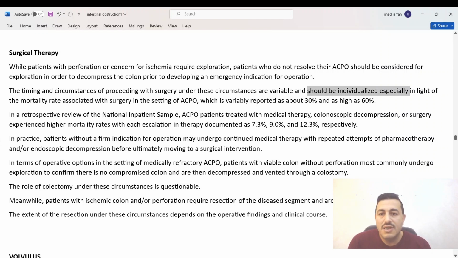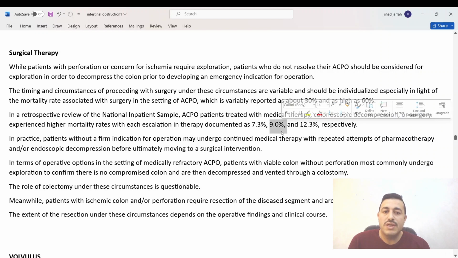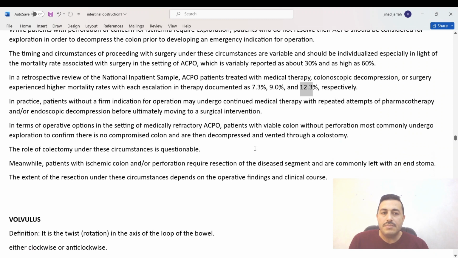Here when we use pharmacological, it's about 7. When we use colonic decompression and surgeries, it reaches up to 12. Of course, we are here talking about no sign of strangulation. We said if there is a sign of ischemia, it reaches up to 30%.